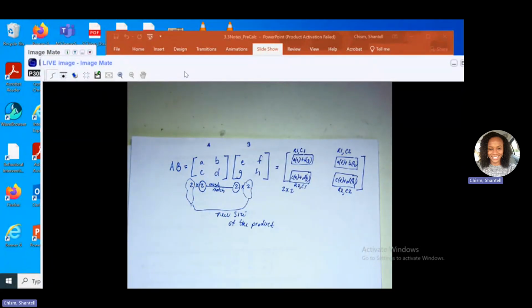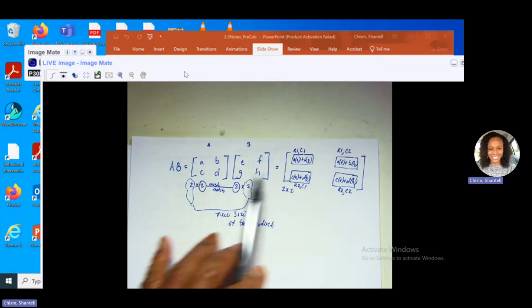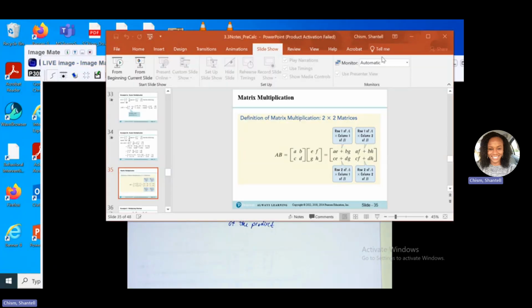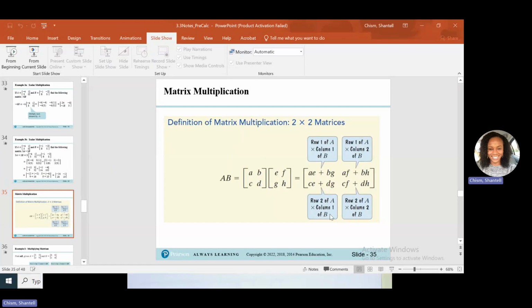So I wanted to show you how we get those elements, so that when you're looking at this, it's clear where all this combination of letters is coming from. Even though I do have it here, it says row 1 of A times column 1 of B. I wanted you to see it, okay?